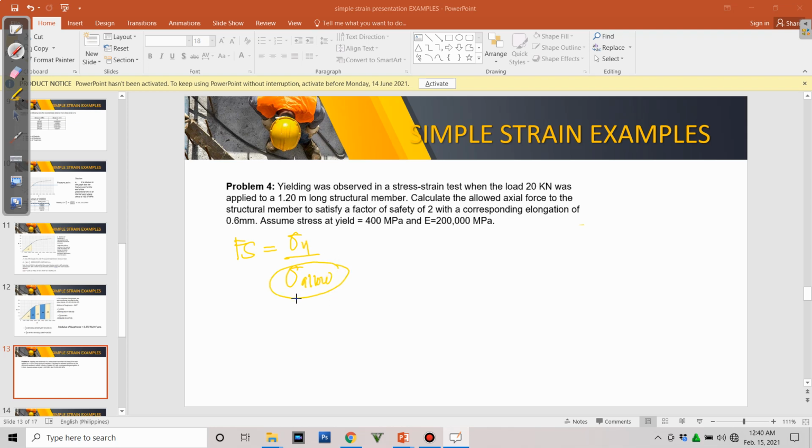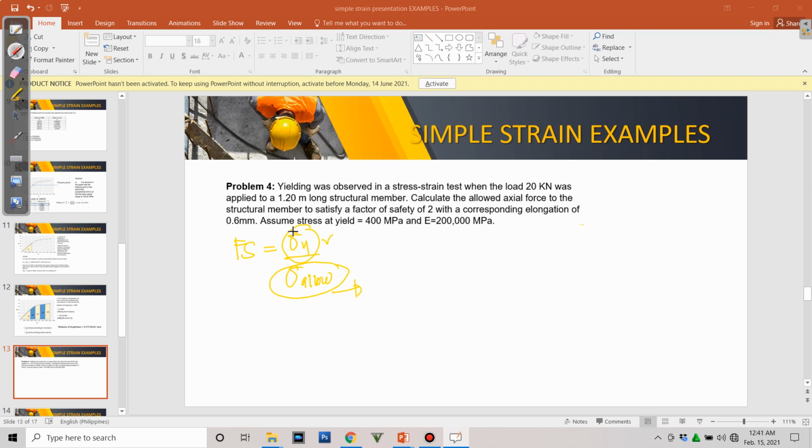Because instead of using the yield stress as a limit, it is better and more conservative to use the allowable as our design criteria, because with a factor of safety we cannot allow the stress to exceed the yield point.